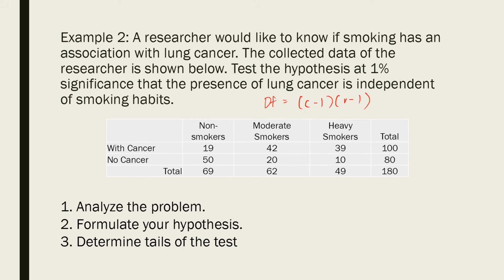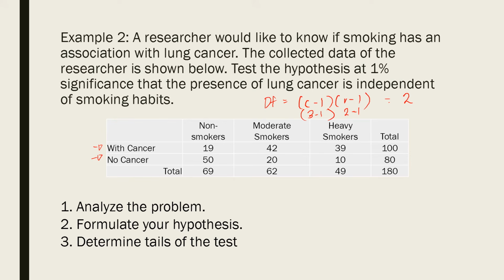In this case, we have 2 rows and 3 columns. So 2 minus 1 is 1, and 3 minus 1 is 2. So therefore, our degrees of freedom is 2.